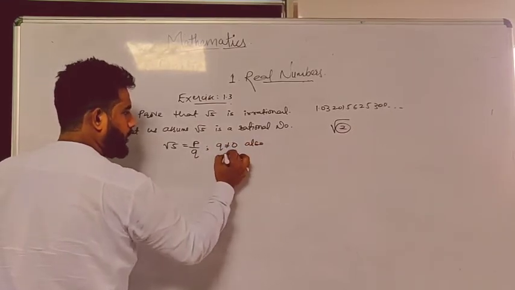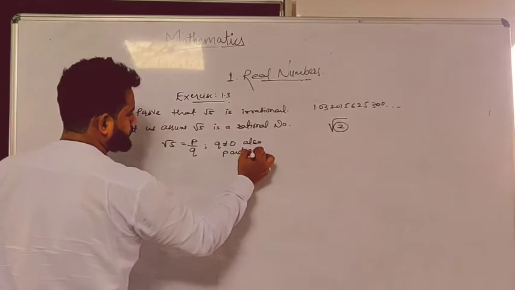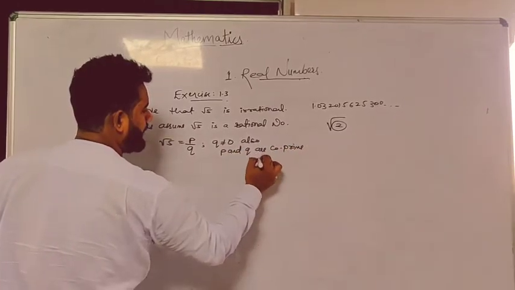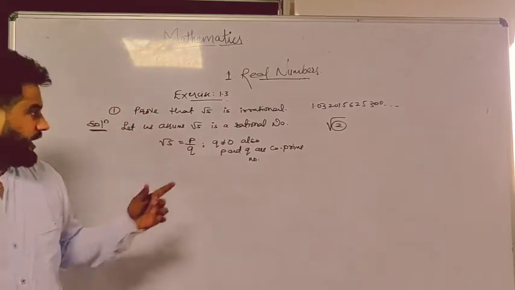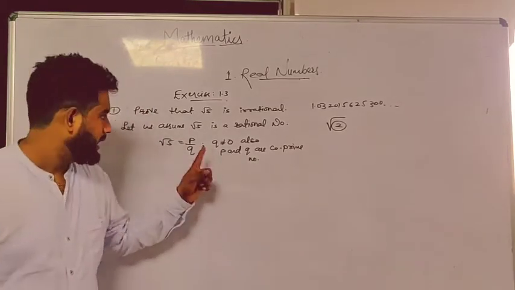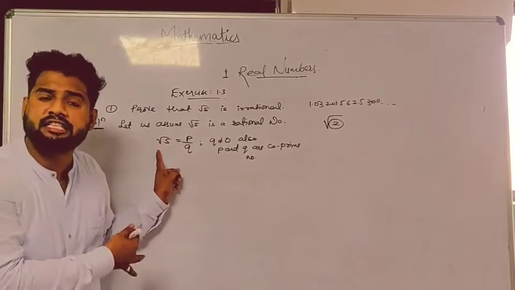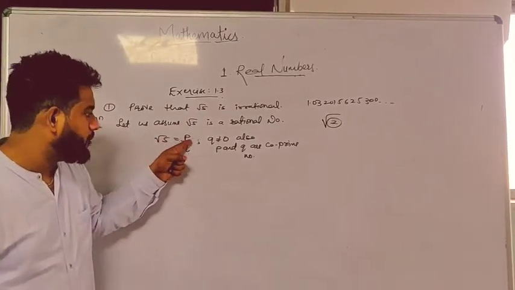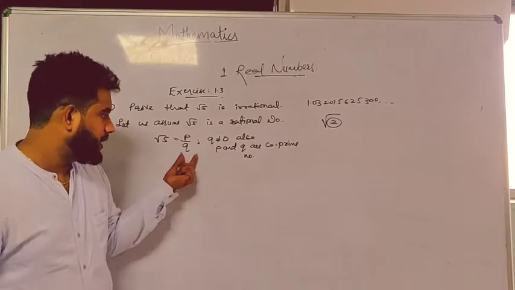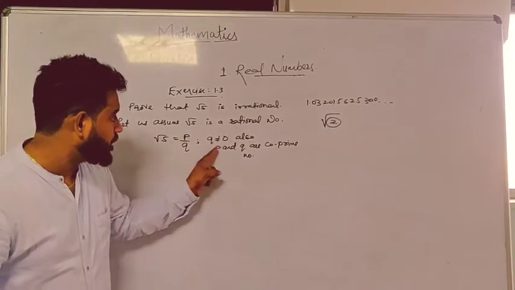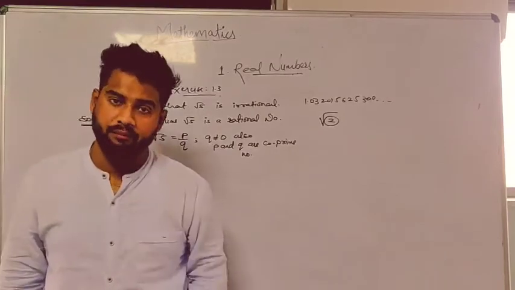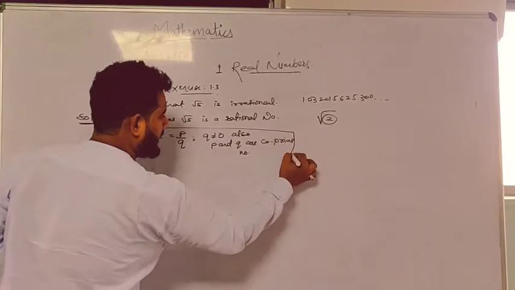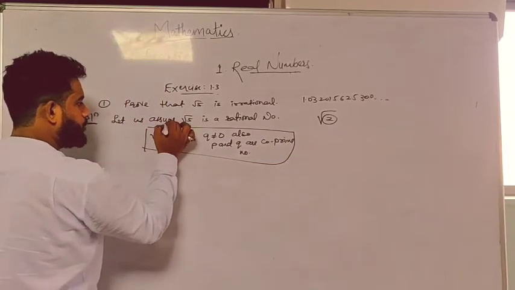Also p and q are co-prime numbers. If you have assumed this as a rational number, it can be written in the format of p by q, q cannot be equal to 0, and at the same time, p and q should be co-prime numbers. This is what you have assumed.